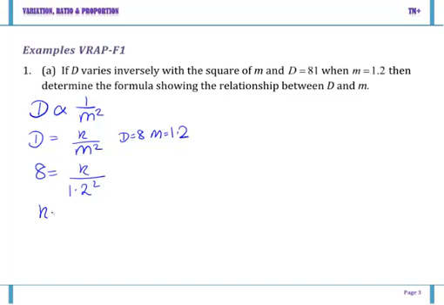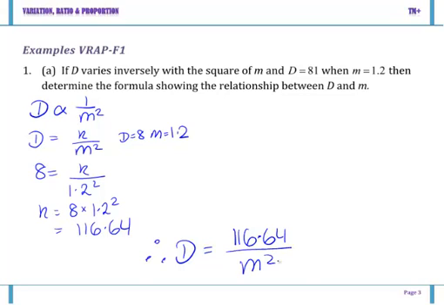So that means k is going to be equal to 8 times 1.2 all squared. We're just timesing both sides by this 1.2 squared. Plug that into the calculator and get 116.64. So therefore d equals k, which is the 116.64 all over m squared. And that's your relationship.